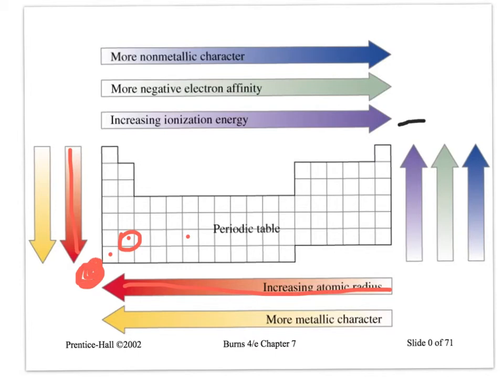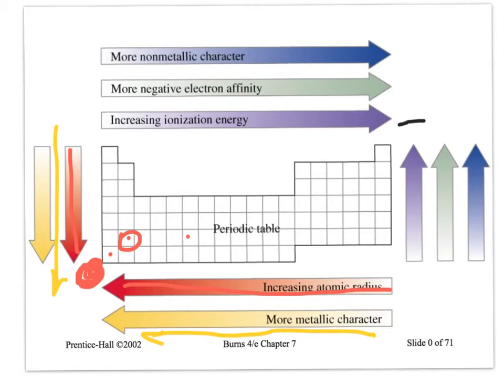Let's move to another example. Metallic character. It has the same pattern as the last one. By metallic character we mean how much an element exhibits characteristics of a metal, such as brightness, conductivity, high melting and boiling points.